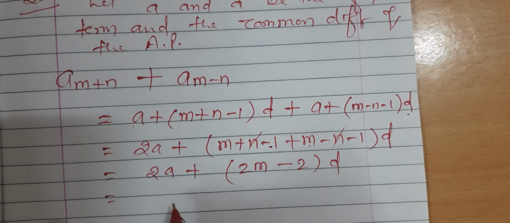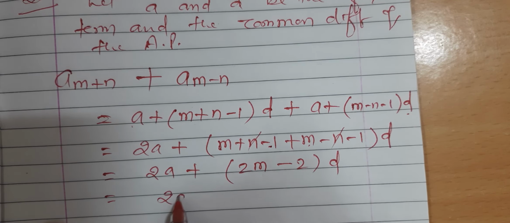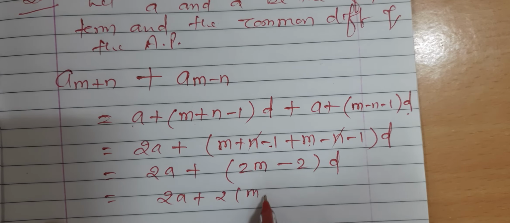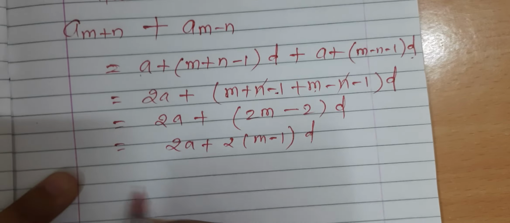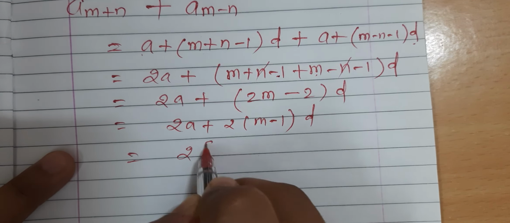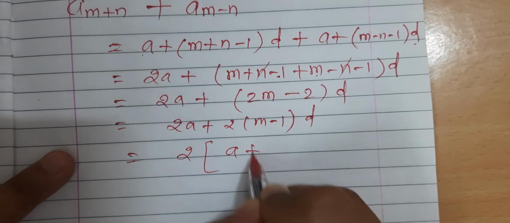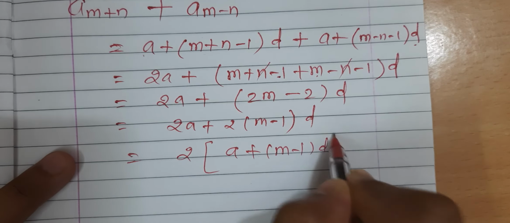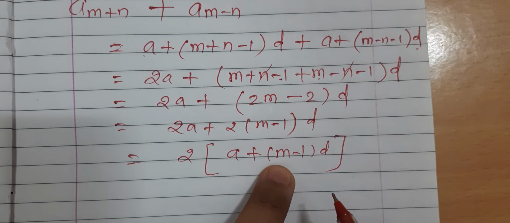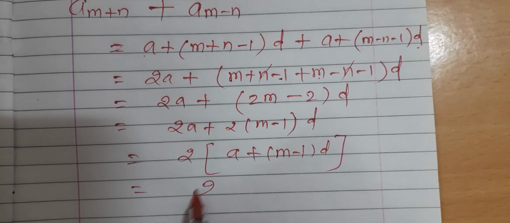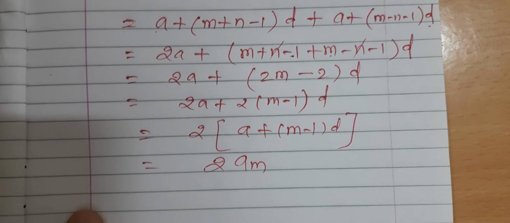Now we can take 2 common, because in each term 2 is common. So when you take 2 common, you will get a plus m minus 1 multiplied by d, and this a plus m minus 1 multiplied by d is nothing but the mth term.